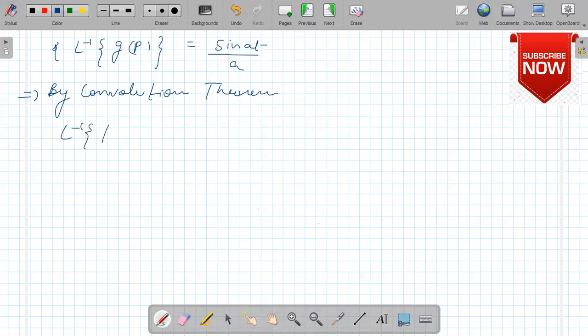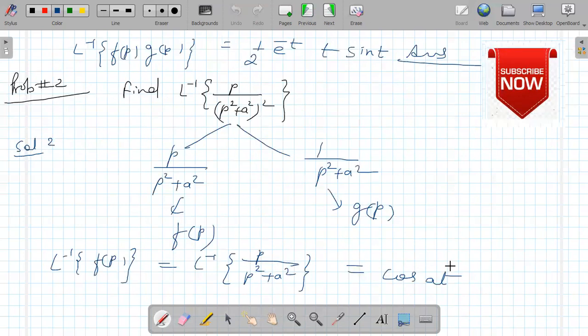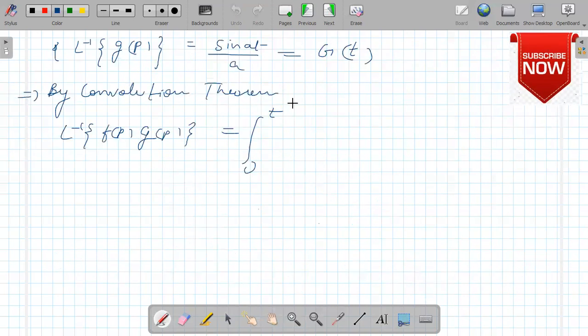the Laplace inverse of fp into gp will be the integral 0 to t. This is gt and this is ft. So we'll have cos au, which is fu, and g of t minus u is sine a(t minus u).